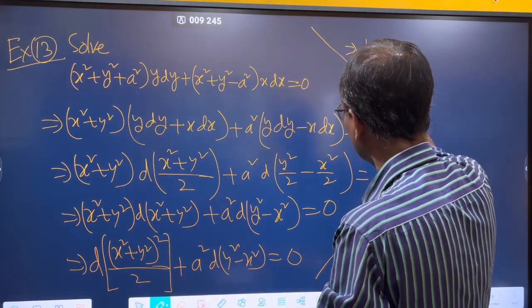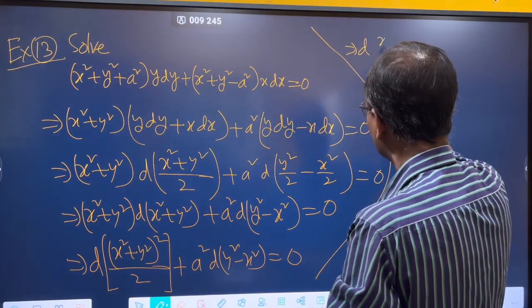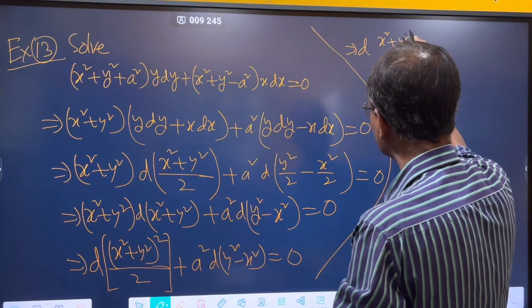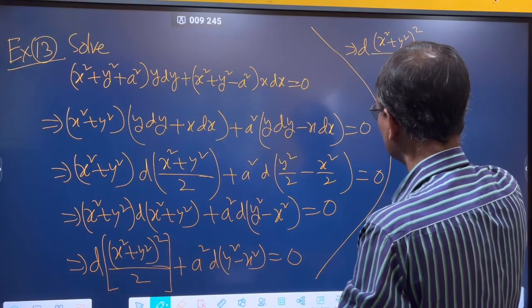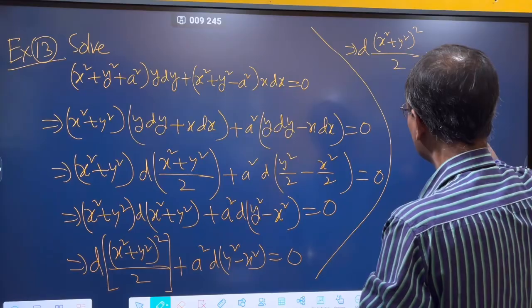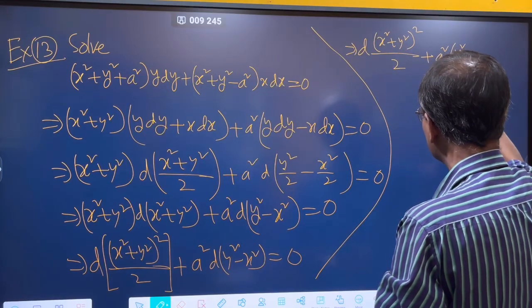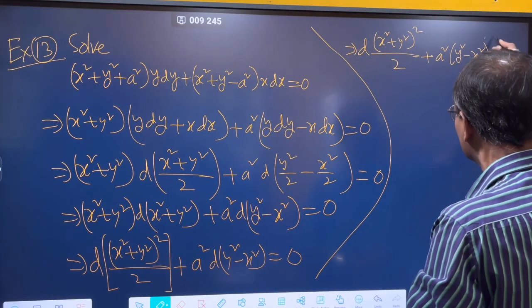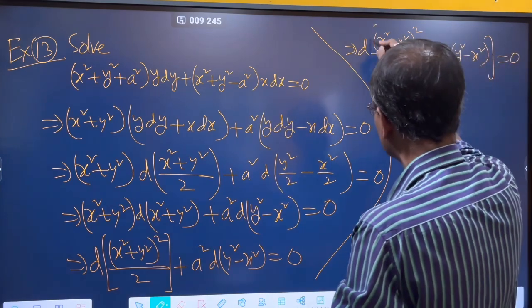This means d of x square plus y square whole square divided by 2 plus a square into y square minus x square is equal to 0.